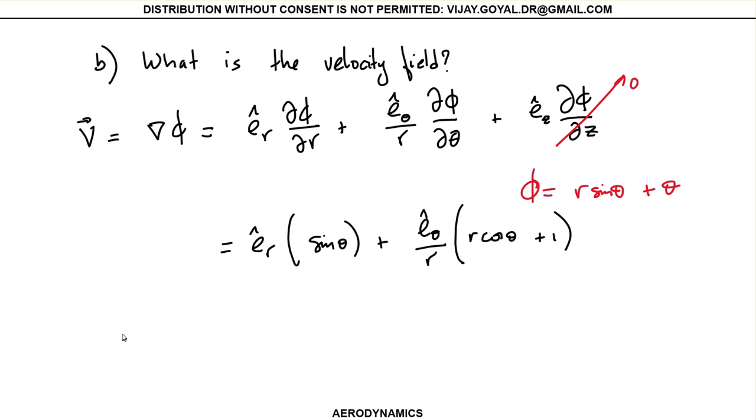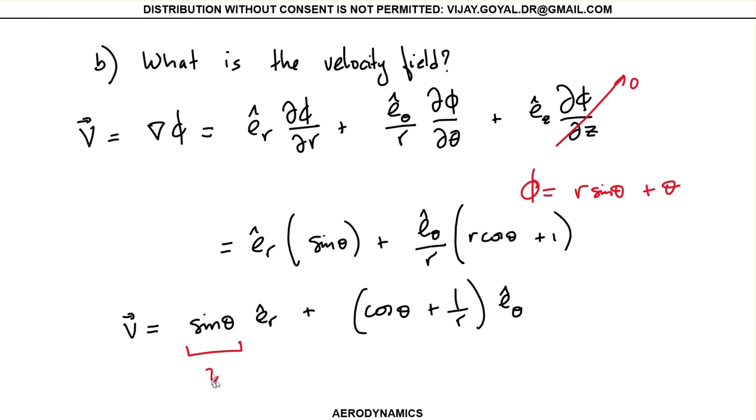So your velocity field is sine of theta e_r plus cosine of theta plus 1 over r e theta. And note that this is your u_r, this is your u theta.